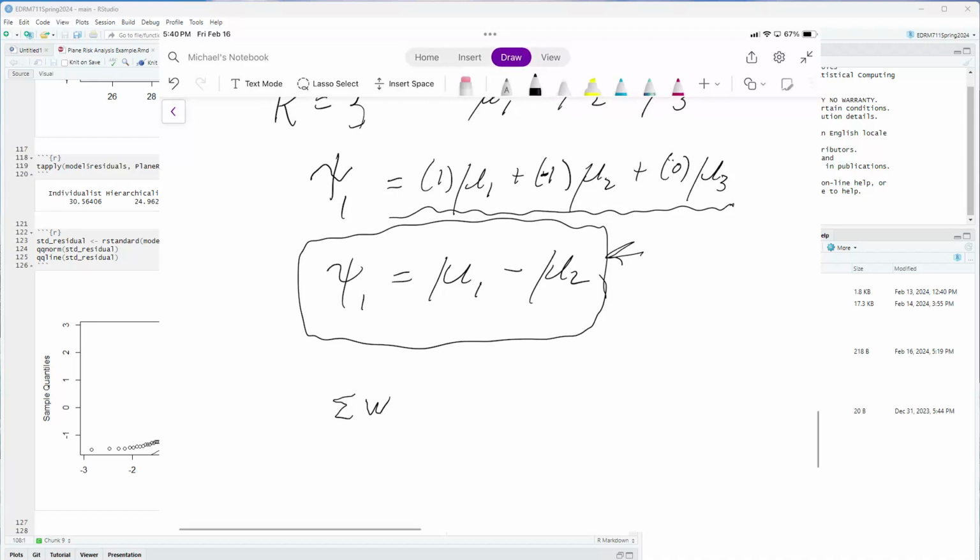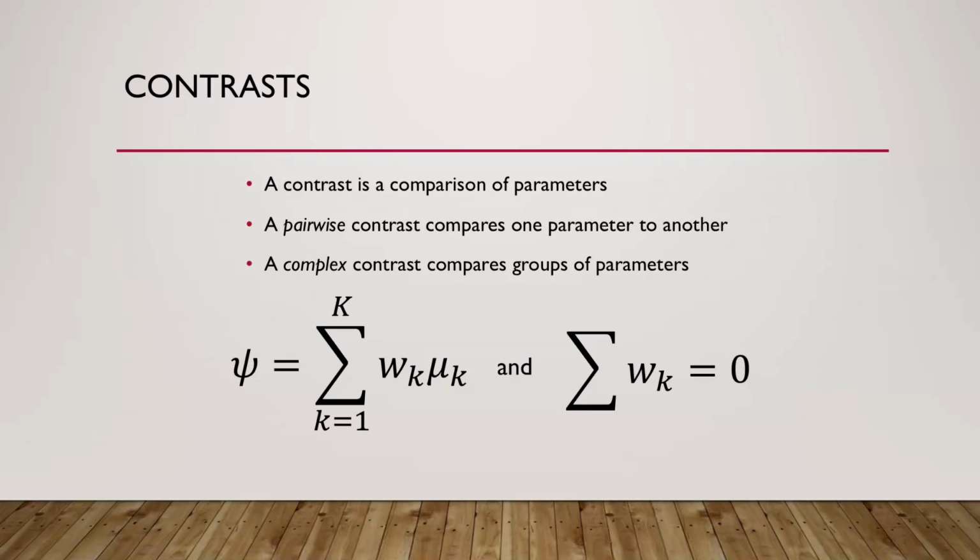If I were to get the sum of all my W's, that would be equal to 1 plus -1 plus 0, which of course equals 0. That tells me that this is a legitimate contrast. So because I have a legitimate contrast here, I can actually include it in my family of comparisons of means.